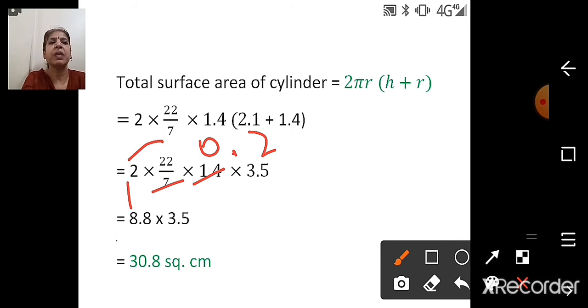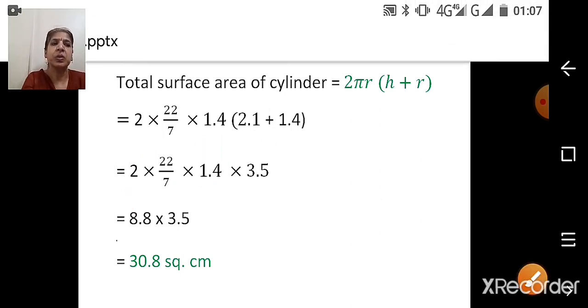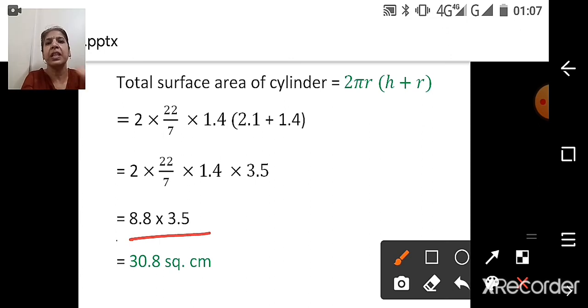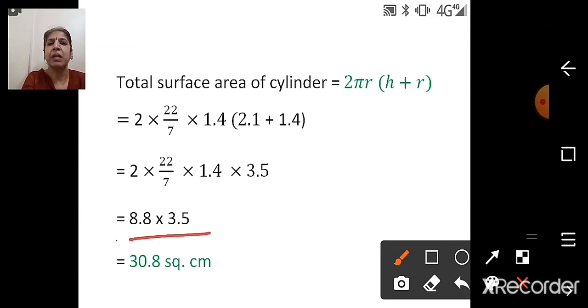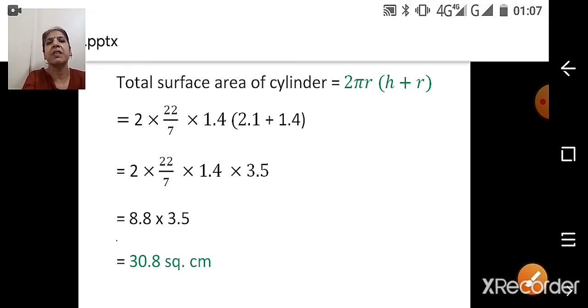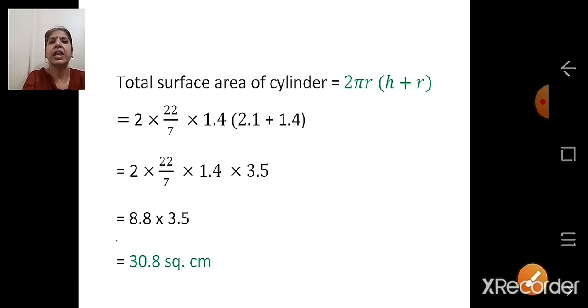Then 44 you multiply with 0.2. So you will get 8.8. That you have to multiply with 3.5. So you have to multiply, children. And when you will multiply, you will get the answer 30.8 square centimeter. So this is your answer. Total surface area of cylinder is 30.8 square centimeter.